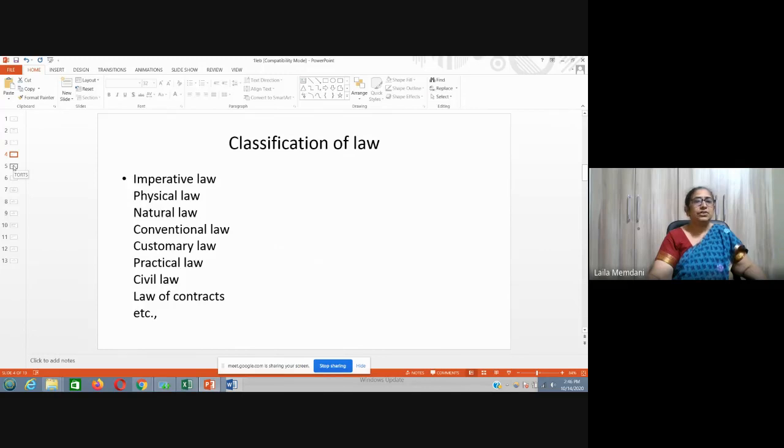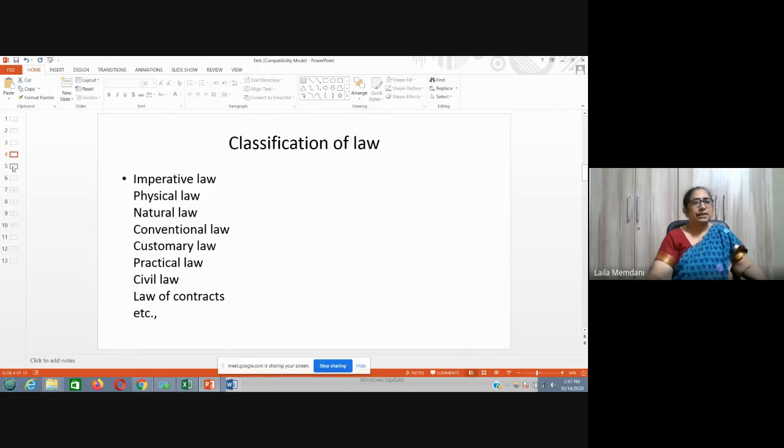Natural law. Natural law is again the laws of nature. Conventional law, like, there are so many conventions, and the Hindu personal law to a large extent in India is based on the Hindu conventions and customs.